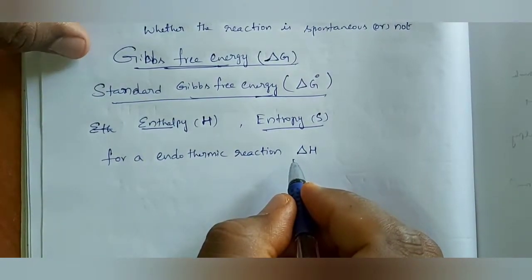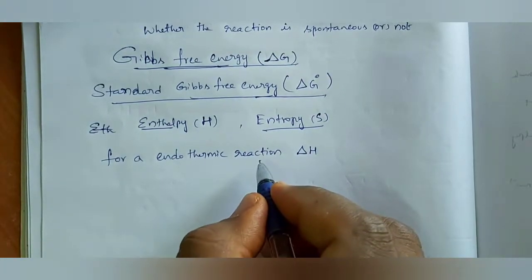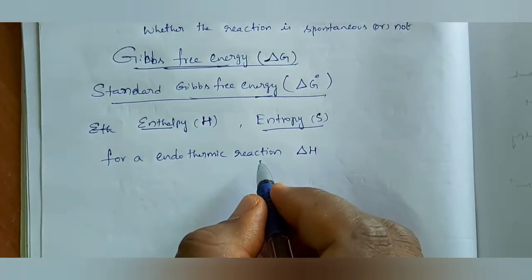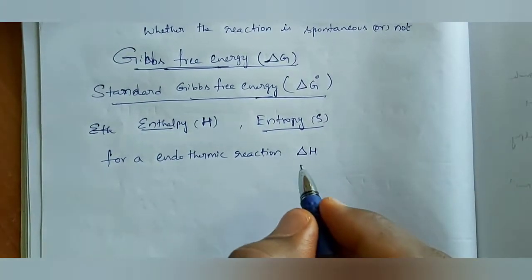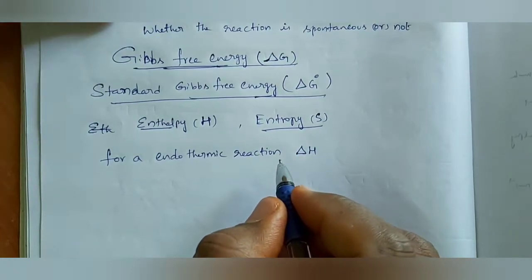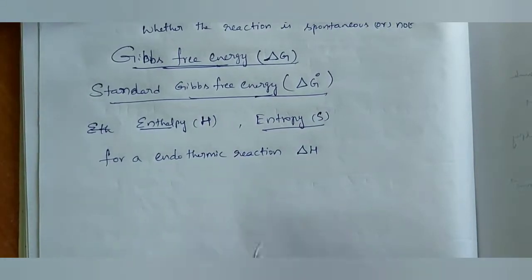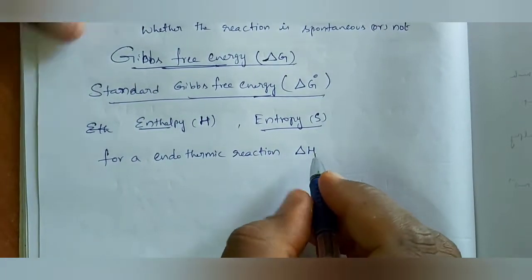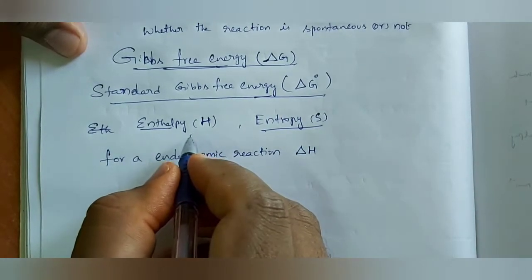For one system we consider its enthalpy, but for a reaction we have two substances, reactants and products, so we subtract one from another. We have to see the difference, and that is the change in enthalpy. Delta H is the change in enthalpy, H is only enthalpy.